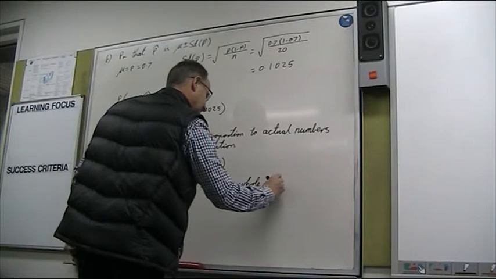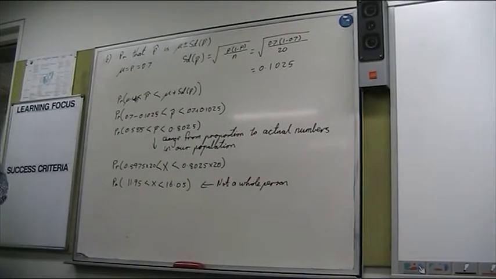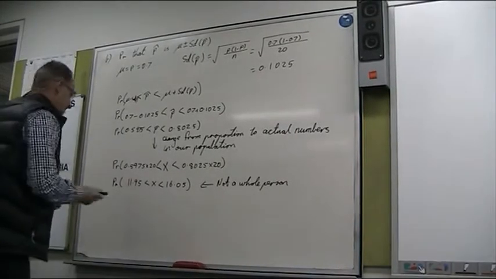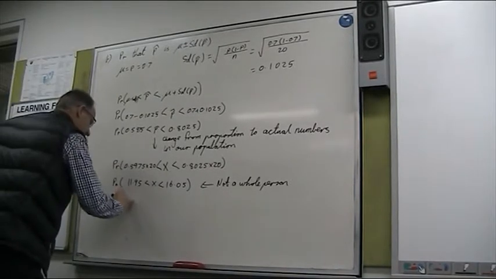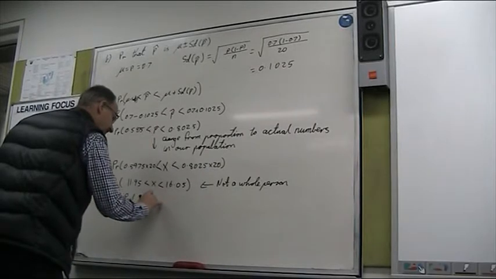Because we're talking about a sample of people, aren't we? So you can't have fractions of people, you can only have whole people. So what we need to do is change those to the nearest whole person, so between 12 and 16.